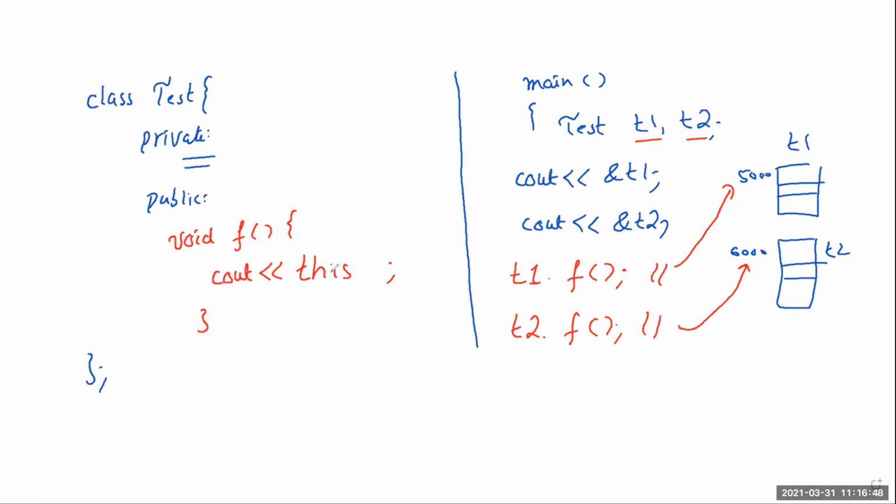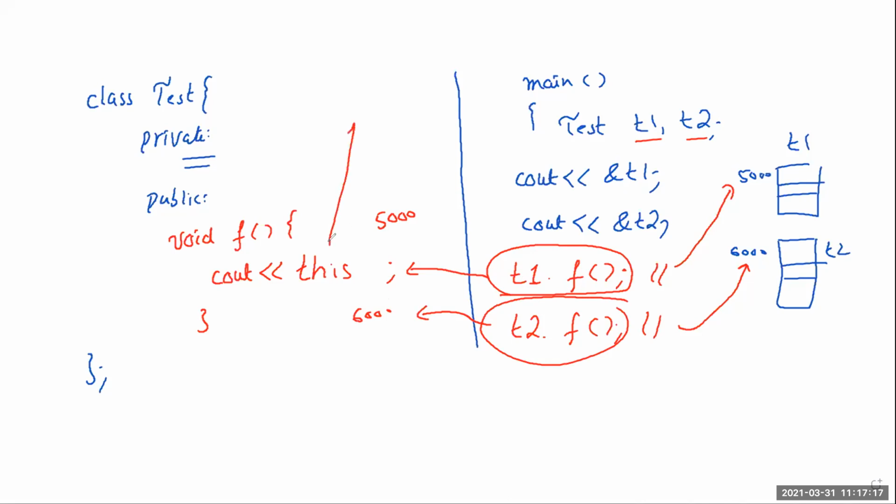So when you call this function t1.f, your current object is t1, so this statement will print 5,000. When you call it with t2, whatever is the address of t2, it will print 6,000. So in the simplest form, you can define it as: this is a keyword which holds the address of the current object. So in other words, it is actually a pointer.